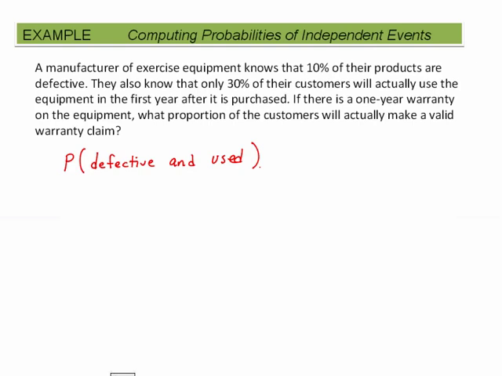No, they don't. That'd be a pretty swift marketing plan, but they don't do that. And so it's reasonable to assume that the defectiveness of the equipment is independent of whether or not the equipment is used. Therefore, I can use the multiplication rule for independent events.